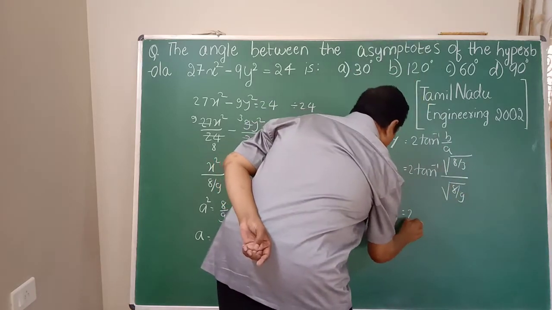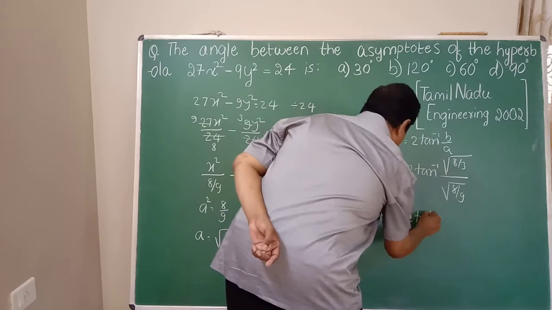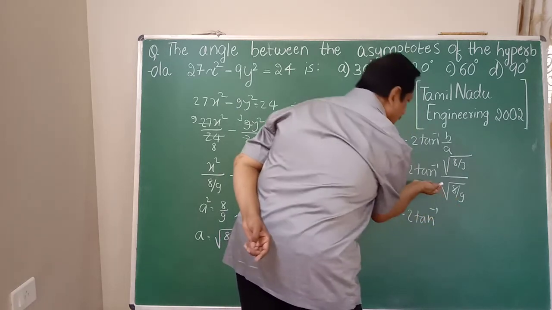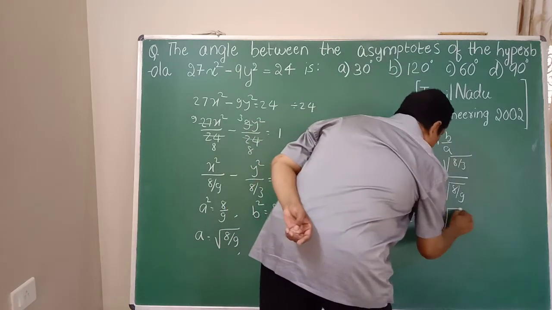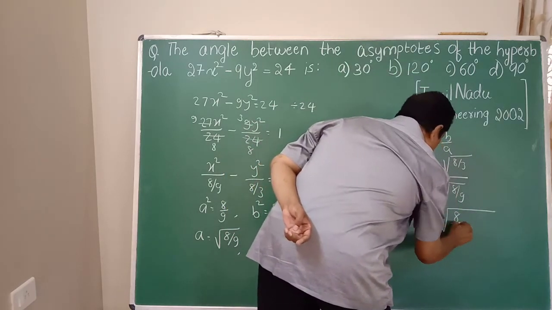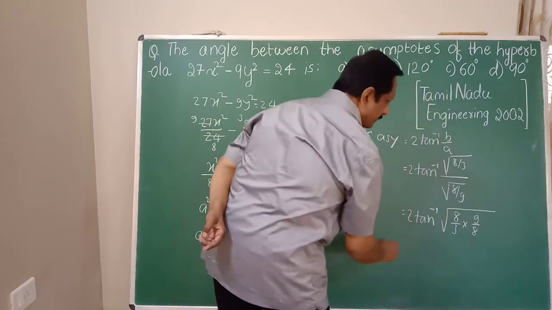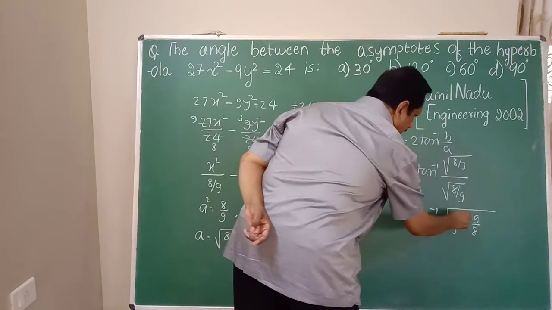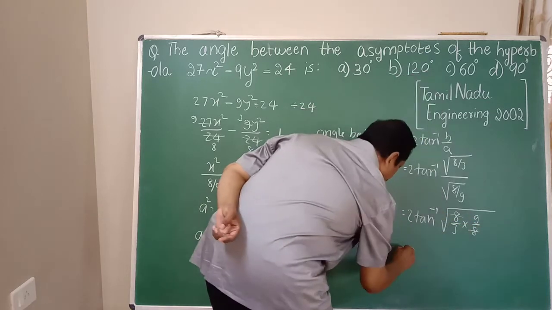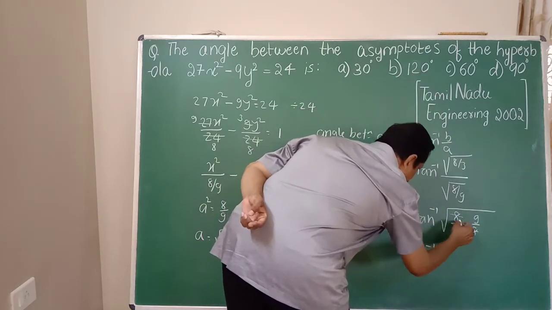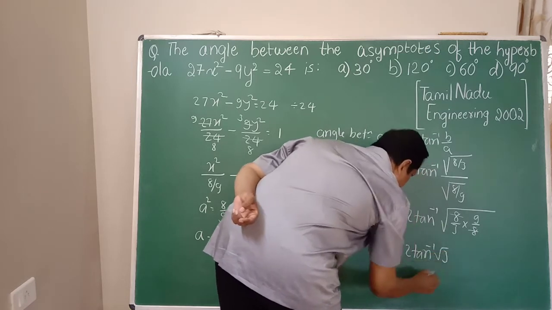Take this to the numerator: it can be written as root of 8 upon 3 into 9 by 8. Therefore this 8 and this 8 cancel. 2 tan inverse of, 3 ones are 3, it is root of 3.